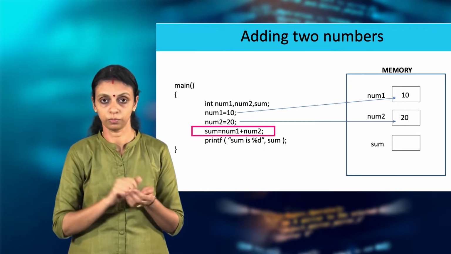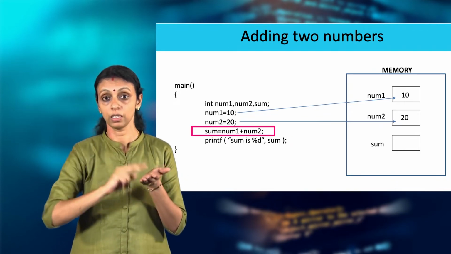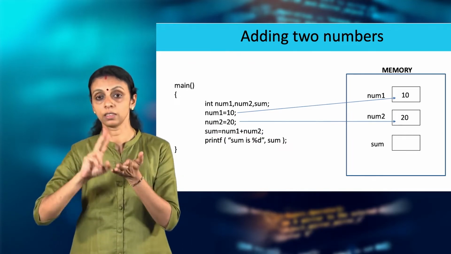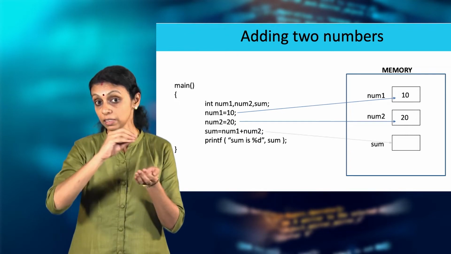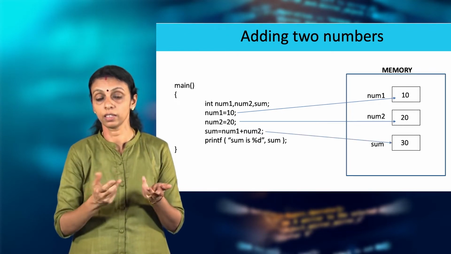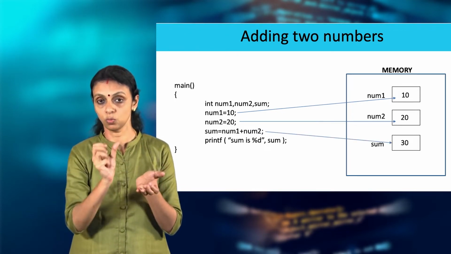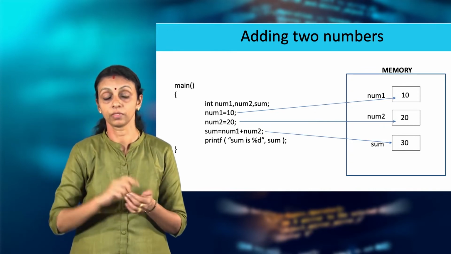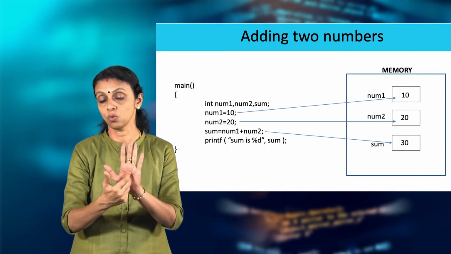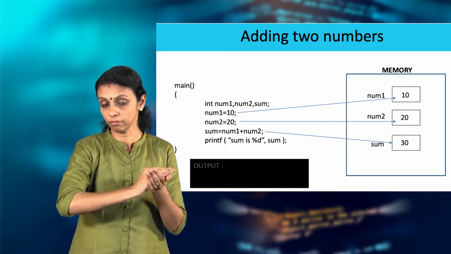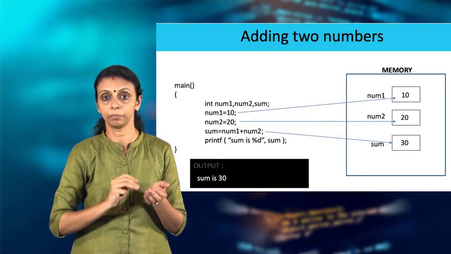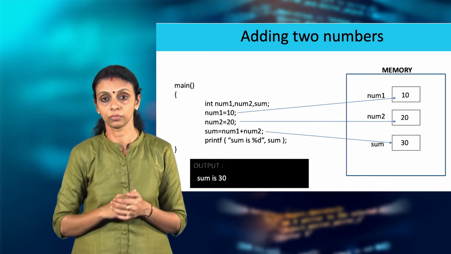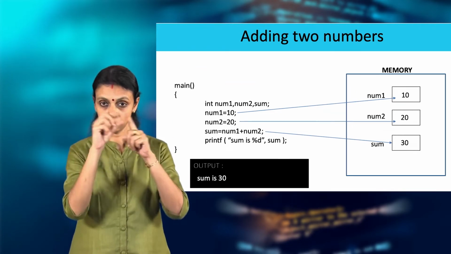Now, add the contents of memory areas num1 and num2 and store the result in the memory area sum. Next, print the content of the memory area where sum is stored, that is variable sum. Hope you understood this problem.